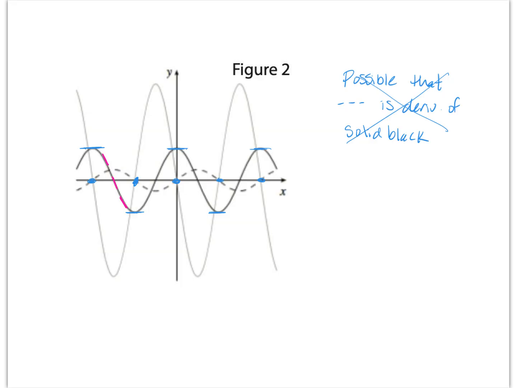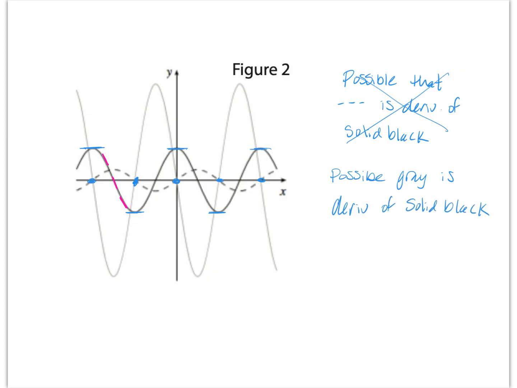So this 0 and this 0 and this 0, those are all on the gray curve as well as the dashed curve. Okay, so it could be that the gray is the derivative of the solid black.